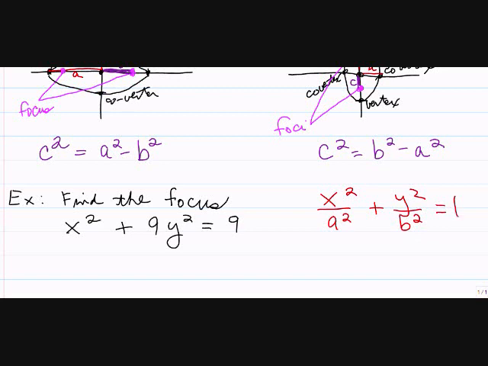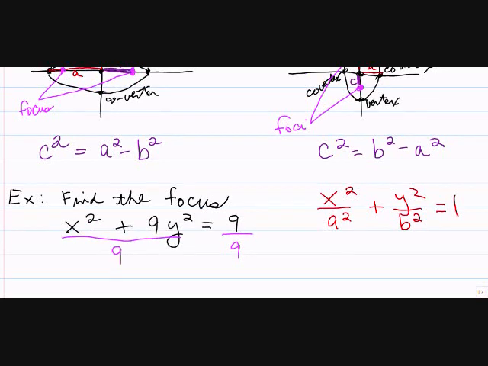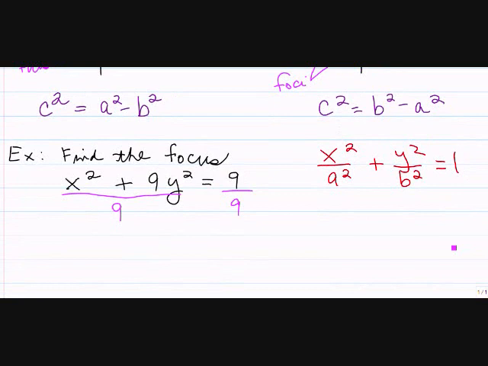I've got to make this look like this form. How I do it is I take that constant and I divide it by itself in order to get 1. So essentially I'm going to divide both sides of this equation by that 9. And then I make sure that my coefficients on my x squared and y squared turn out to be 1. So let's do that divide and make sure.